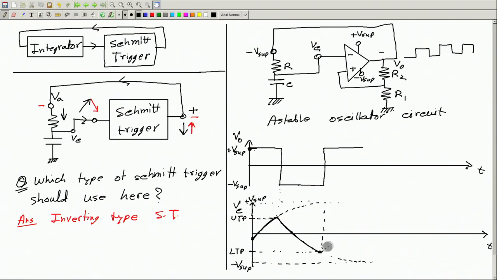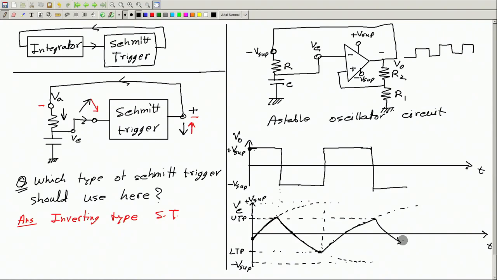Now, it will again try to go to this value plus V supply, but the moment it reaches this upper trigger point here, the output will change again, and this will continue, right. Now, so we know how it will work.